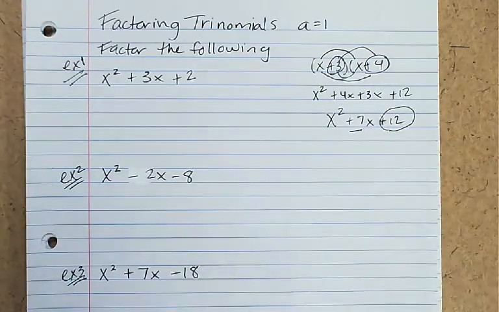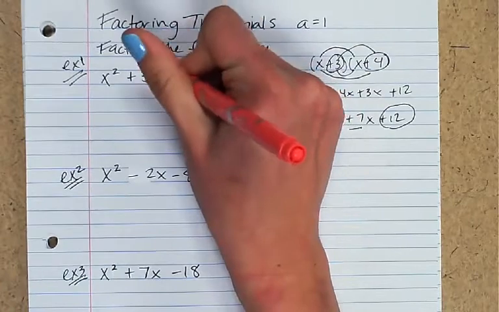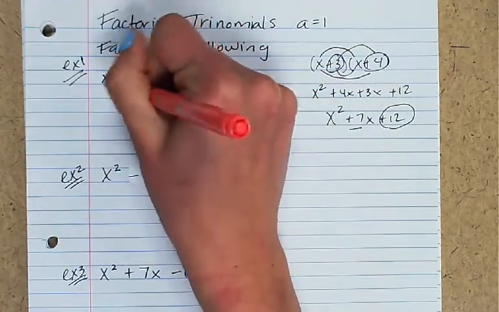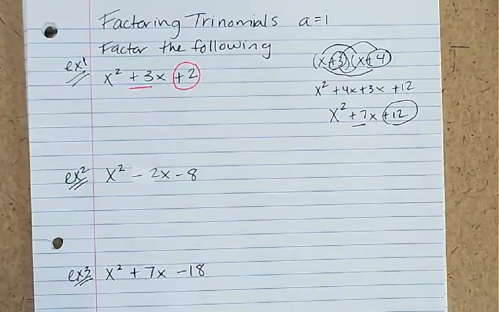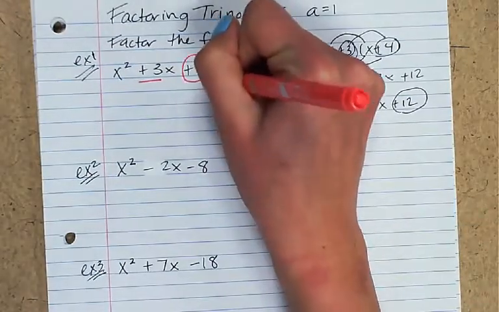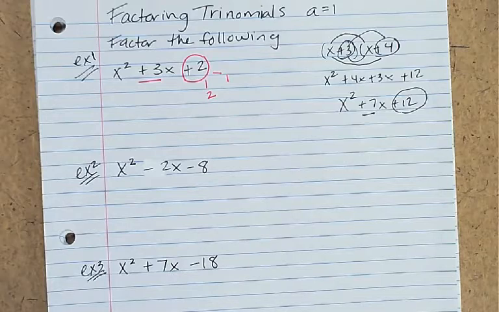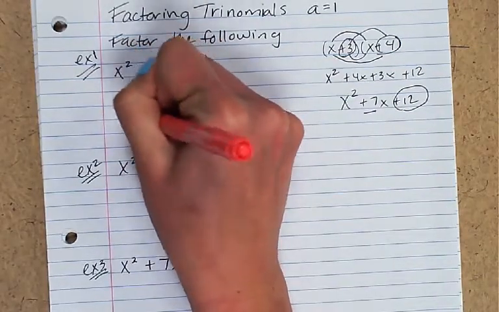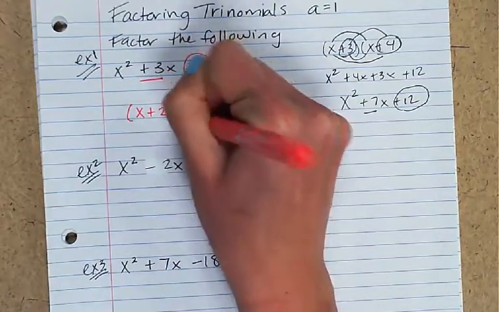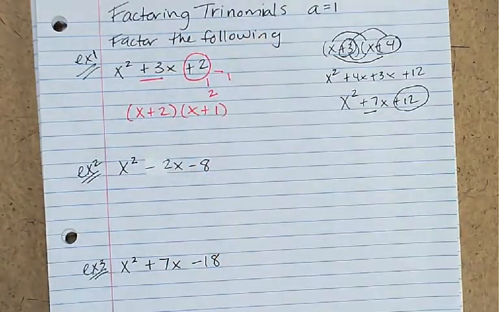So like on this one here, what two numbers multiply to make 2 and add to make a positive 3? 2 and 1. 2 times 1 is 2, and then if you add 2 plus 1, you get 3. So that tells you exactly how this factors. It factors into x with a positive 2 and x with a positive 1. And you can always multiply it back out to make sure you've done it correctly.